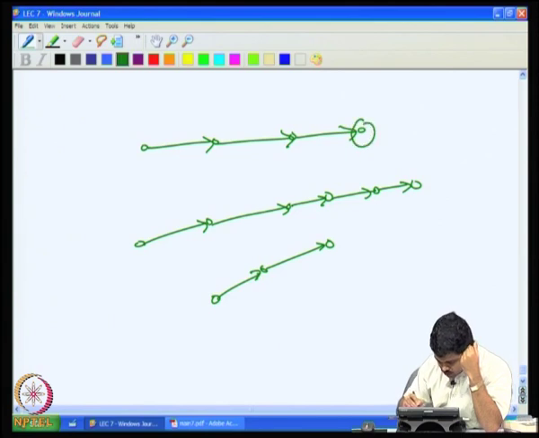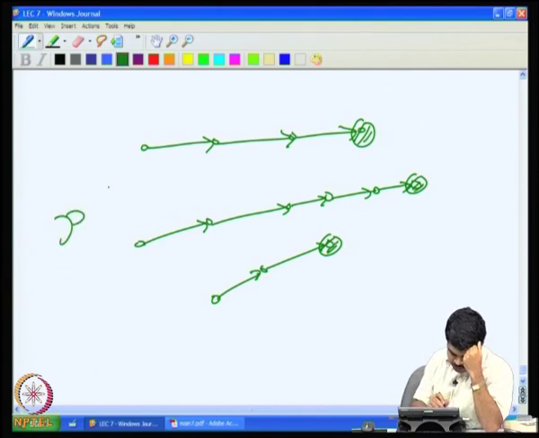These vertices, as I told, are the terminal vertices. Suppose this P is the path cover and these are P1, P2, P3 etc., the set of paths in it.